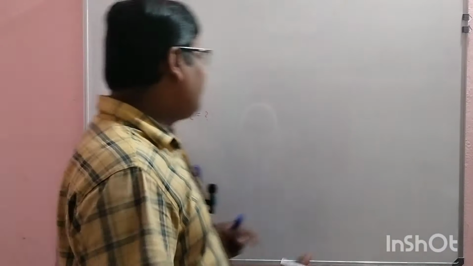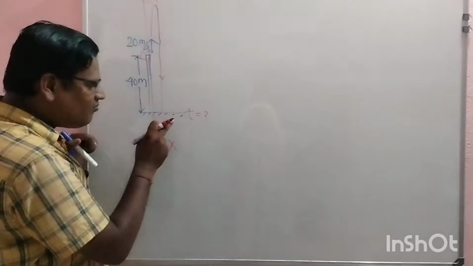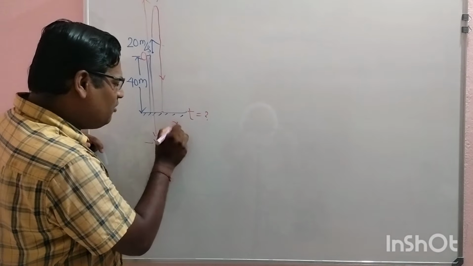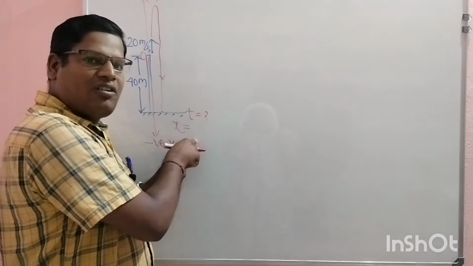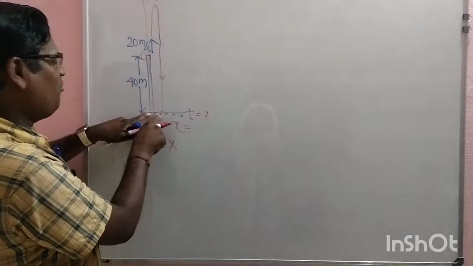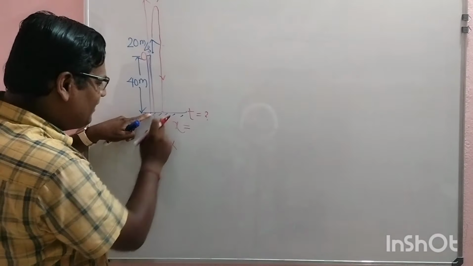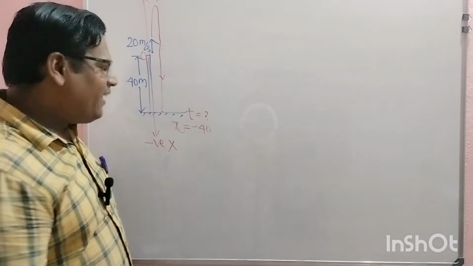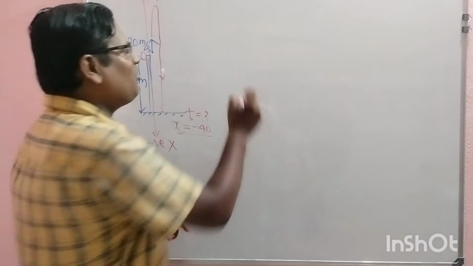Provided that we have chosen like this, how do we put the values? This question is given in words. Mathematically, what is the coordinate of the ground? We need to find the time when the body reaches the ground. If this is the origin and downward is the negative x-axis, then the ground has coordinate -40. So mathematically, we need to find t when x equals -40.